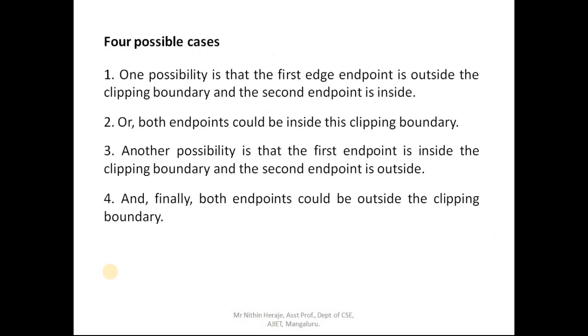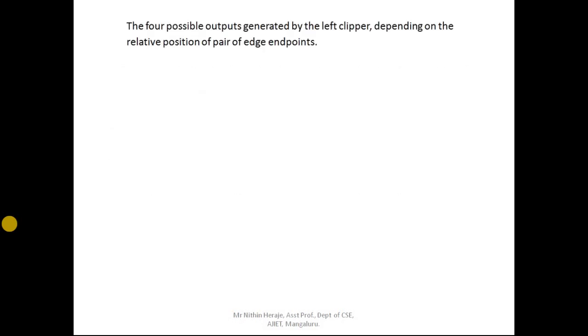There are totally 4 possible cases for this. One possibility is that the first edge point is outside the clipping boundary and the second end point is inside. Okay, so what is this? First edge point is outside and second edge point is inside.